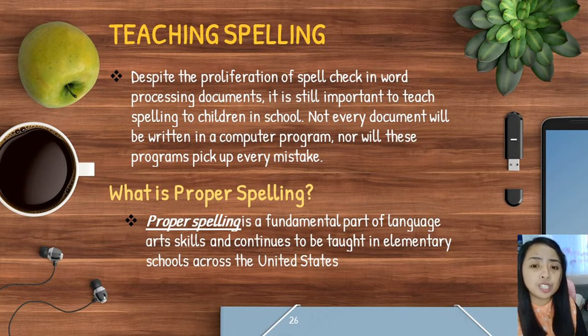So what is proper spelling? Proper spelling is a fundamental part of language arts skills and continues to be taught in elementary schools across the United States. So students who have trouble when it comes to spelling may need remedial help.